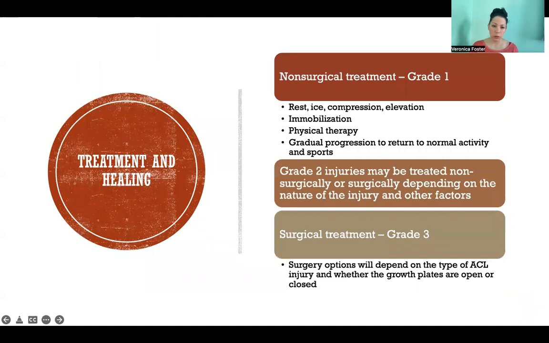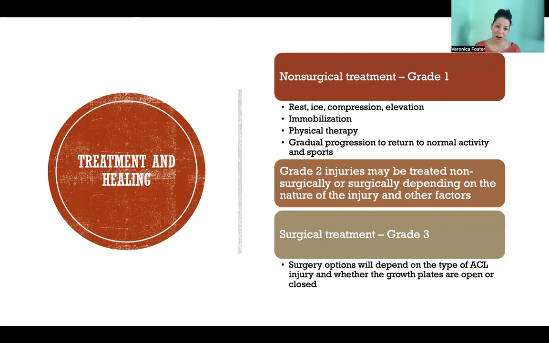So treatments, what do we do when there's an ACL injury? If it's grade 1, so it's just a mild sprain, then it's treated non-surgically. First, there's basic first aid: rest, ice, compression, elevation. Then it will likely need to be immobilized with some kind of splint or brace. Physical therapy will be helpful, and then gradual progression to return to normal activity and sports.